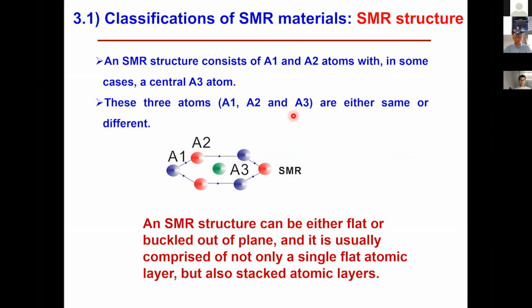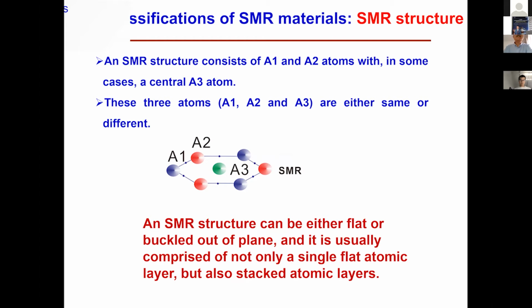These three atoms can be the same or different. Also the structure can be either flat or buckled off of the plane. And it is usually comprised of not only a single flat atomic layer, but sometimes also stacked atomic layers as well.